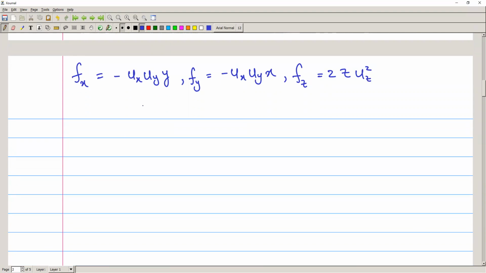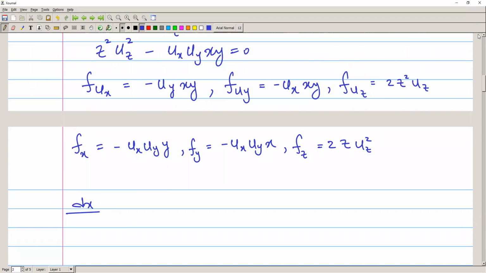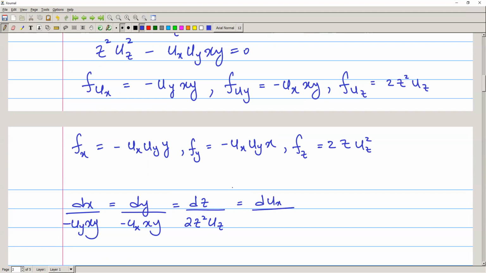Now we'll plug these values in the auxiliary equation. So we get dx over f ux, that is negative uy xy, equals dy over f uy, that is negative ux times xy, equals dz over f uz, that is 2z squared uz, and then dux divided by negative fx.